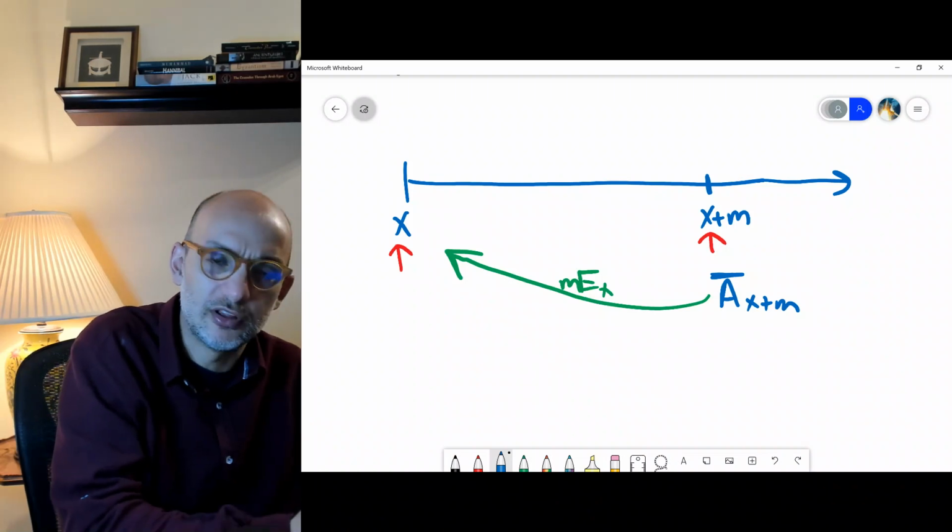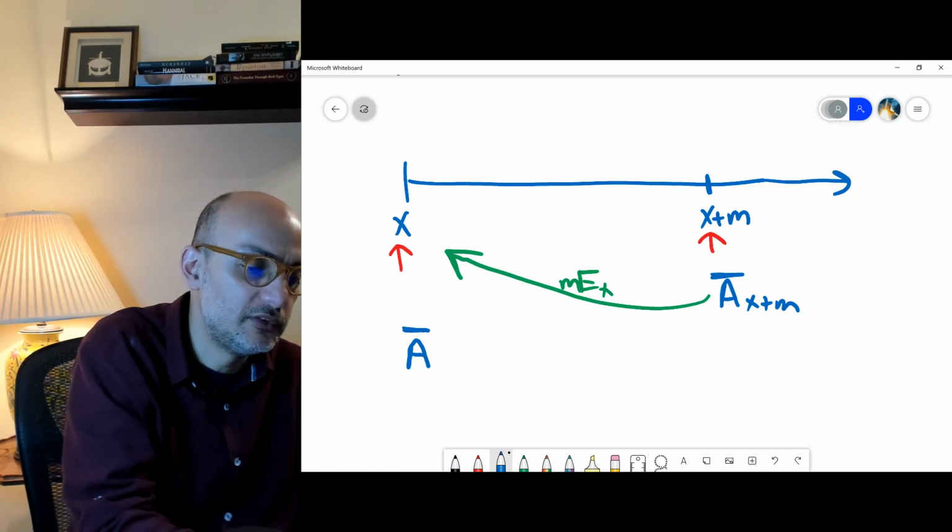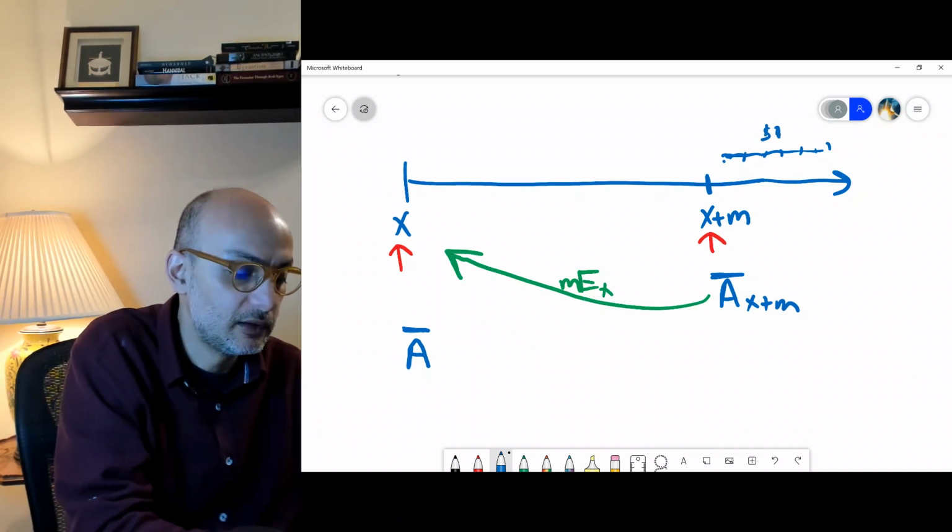It's the same logic, so the notations make sense if you follow the logic. We're looking at insurance payable at time of death. If death occurs anytime here, then $1 will be paid at time of death.